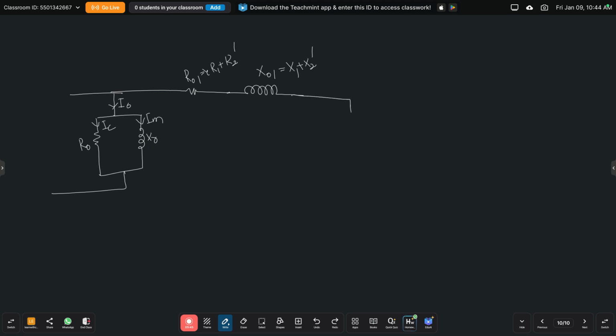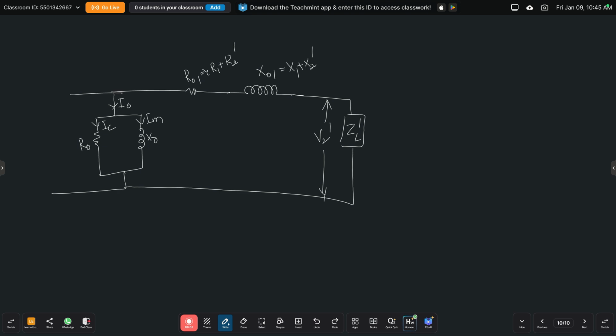Then we represent the impedance as ZL dash. I am going to draw it like this, and we represent V2 dash, because all the secondary terminals are shifted to the primary side.